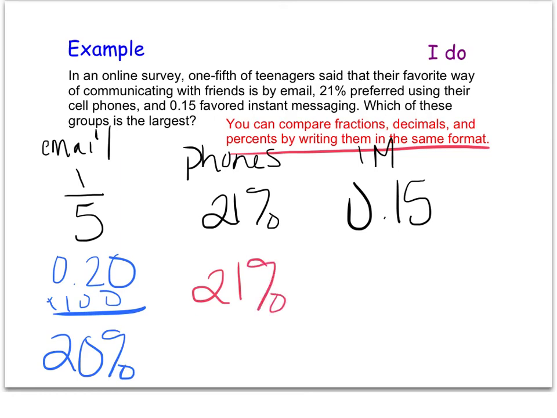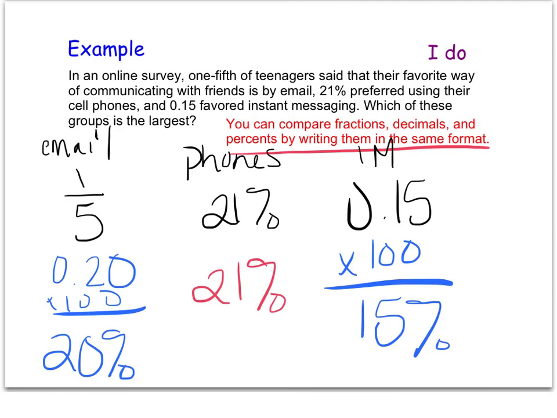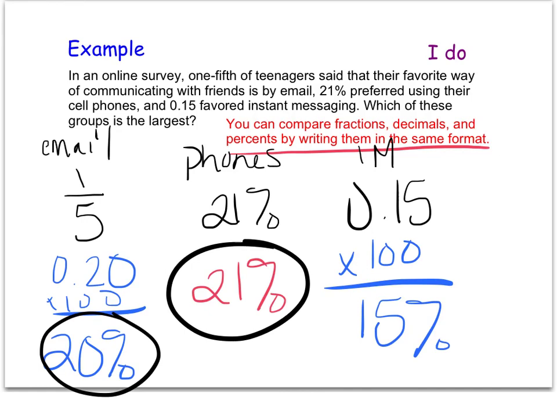And IM is a decimal, so we're going to multiply that by 100, and that is going to be 15%.